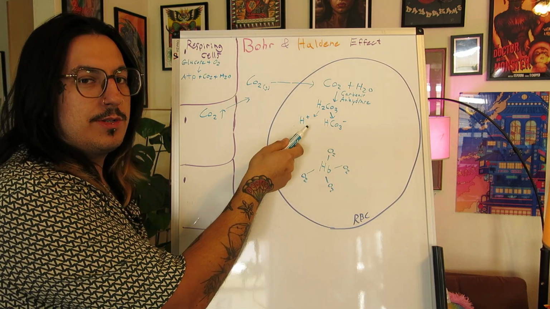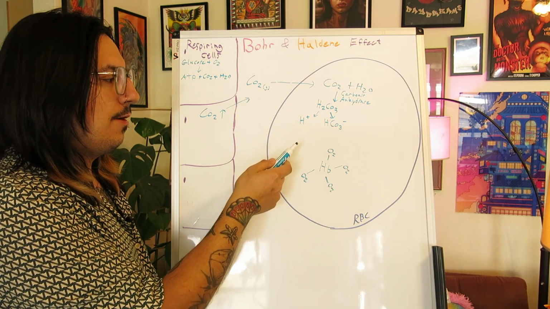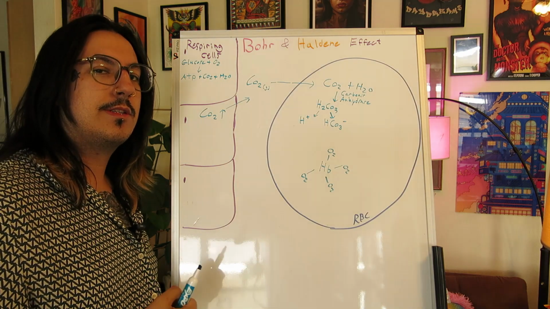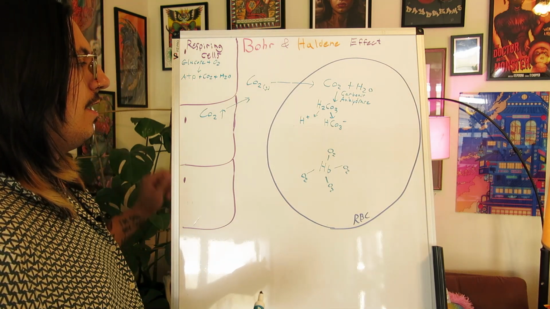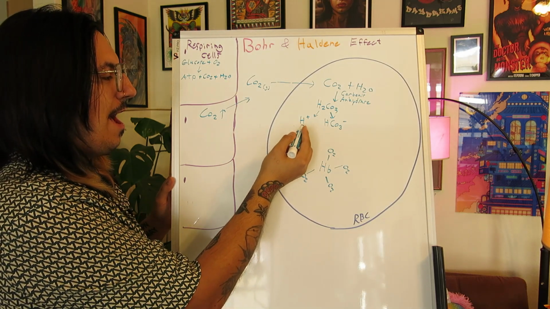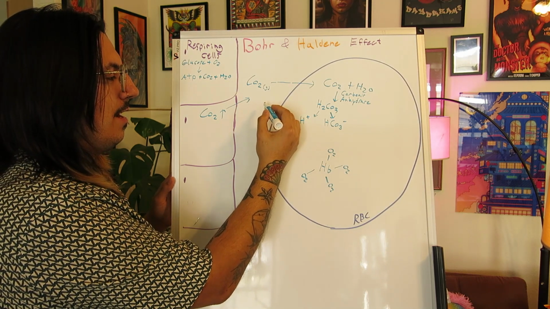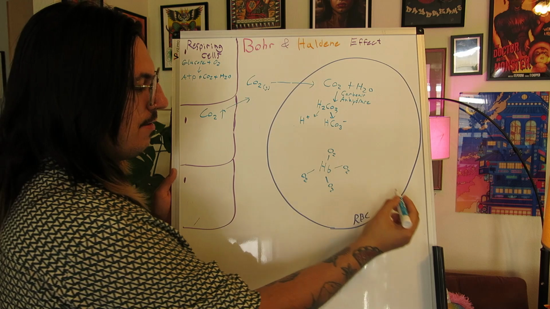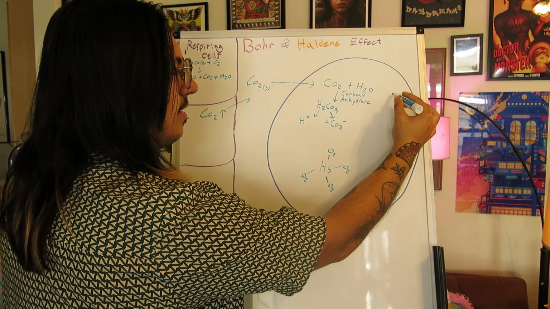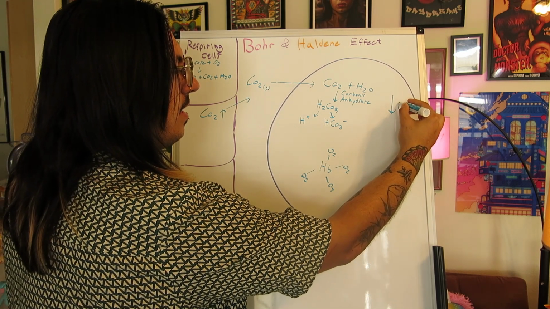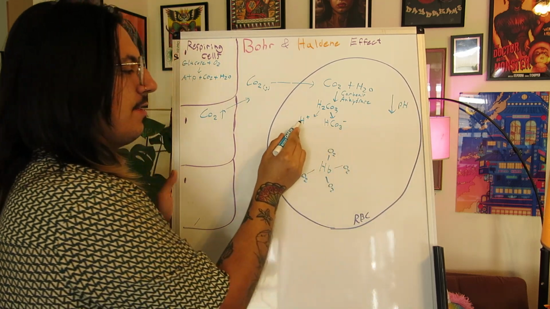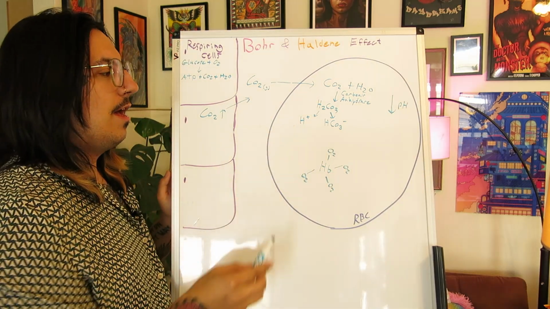Because we're producing hydrogen ions, what happens when you have an increase in hydrogen ions? We're going to get a decrease in pH because of the increase in H ions.